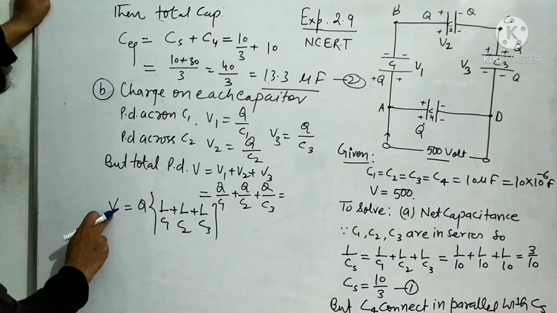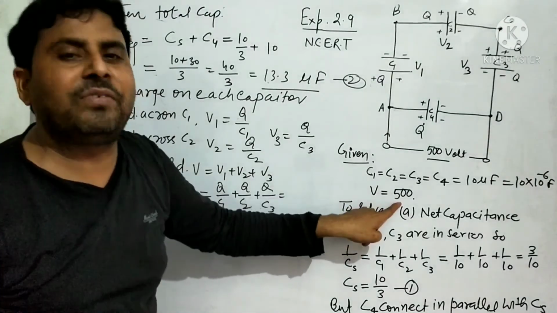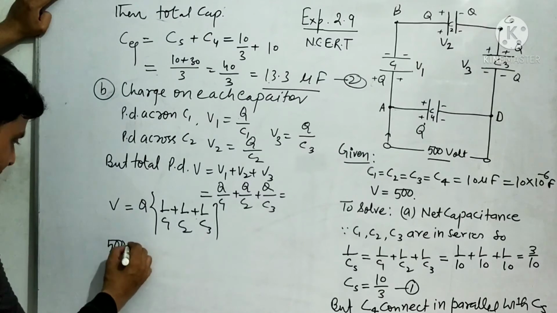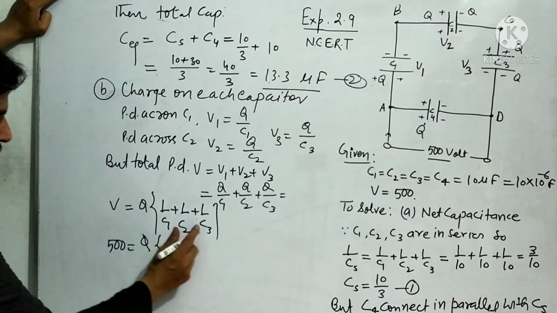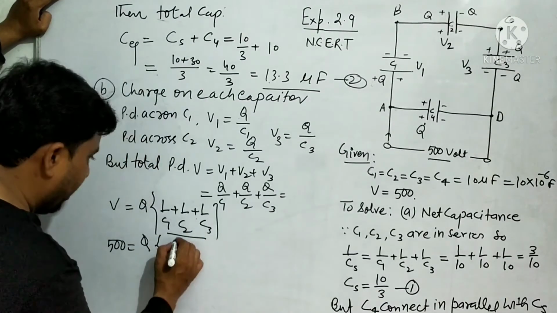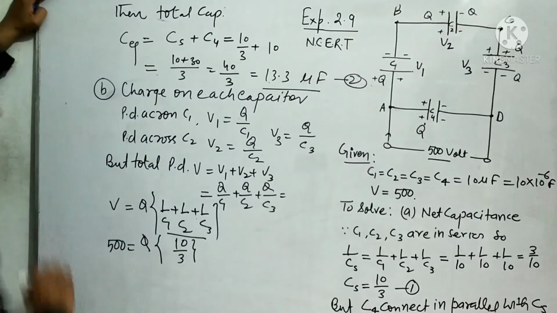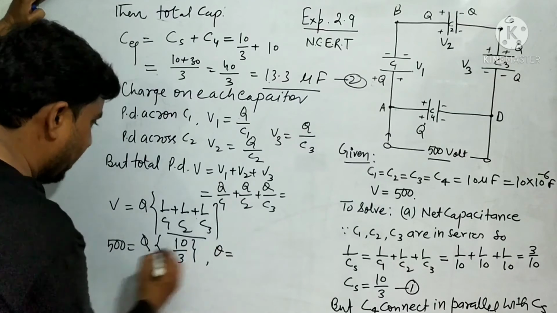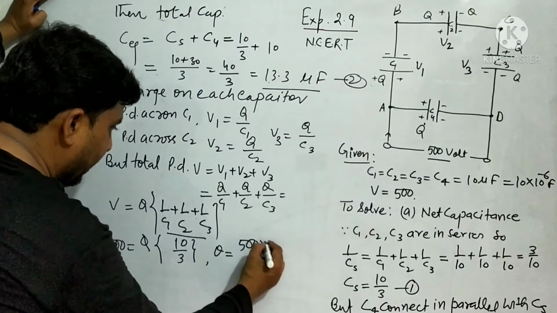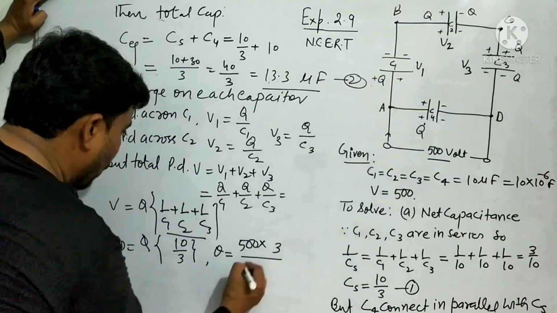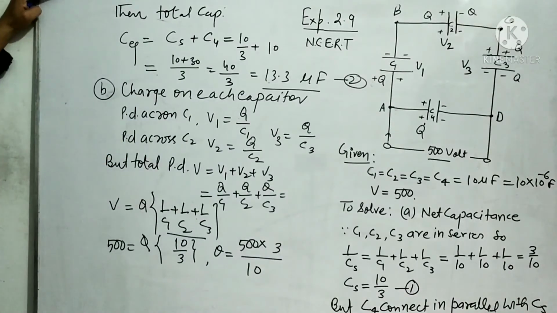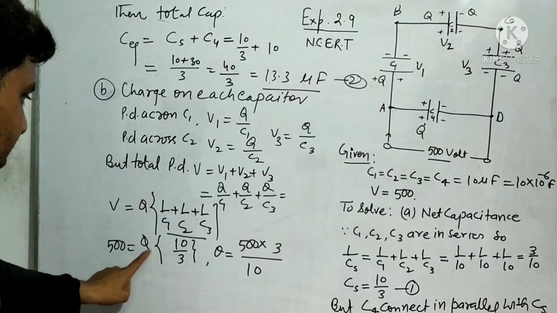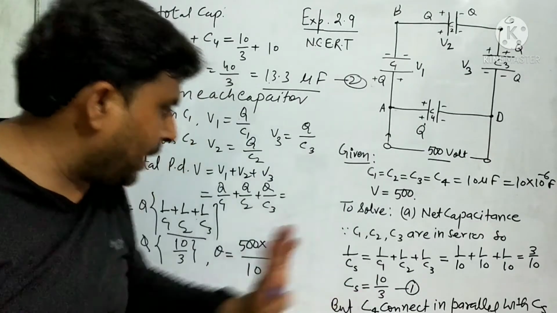And Q is asking, V has been given, total potential is given, 500 volt. So 500 is here, Q is here.